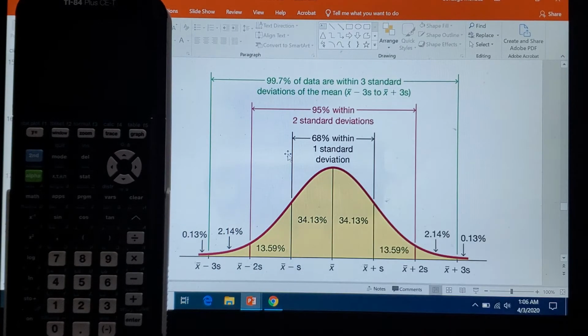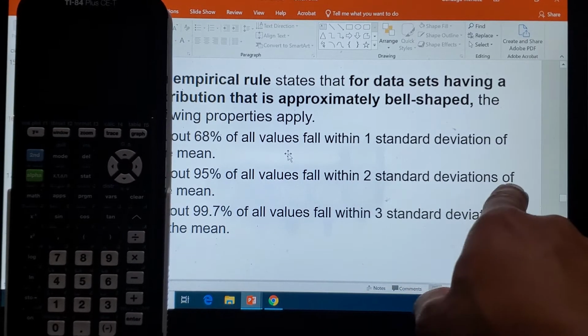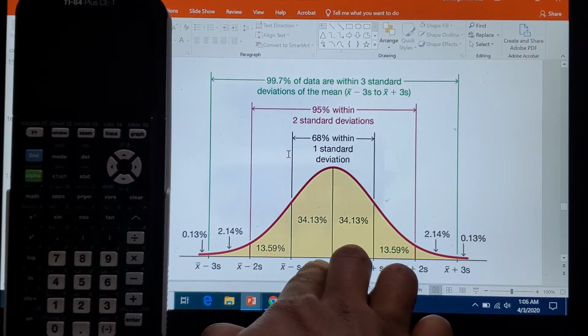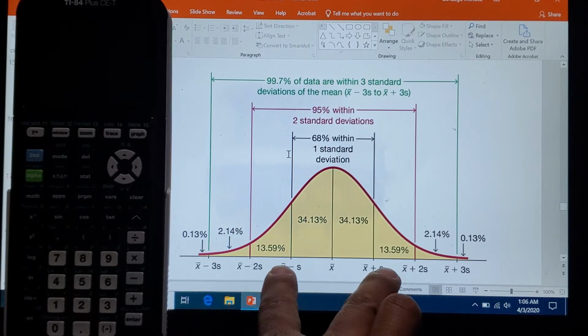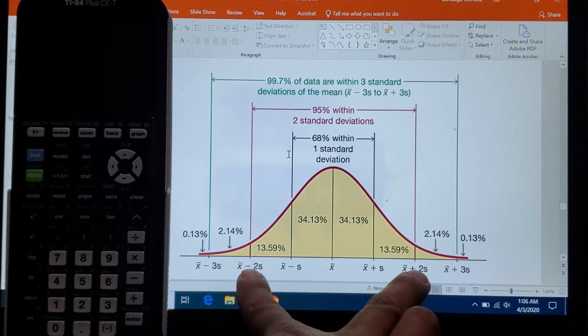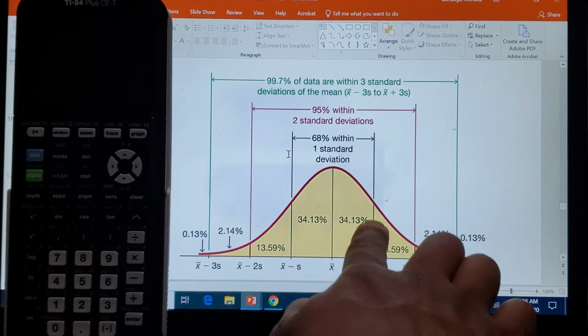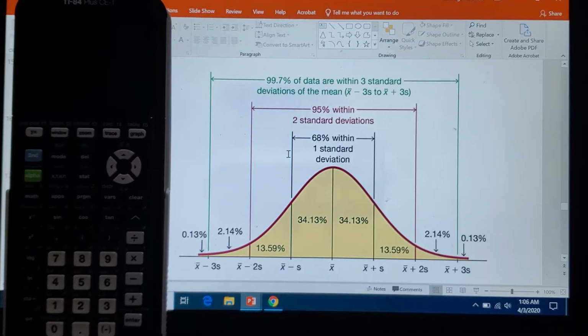So if we say about 95% of our data values fall within 2 standard deviations of the mean, again it doesn't say above or below, so you assume it's both. So we go 1 standard deviation, 2 standard deviations, and within 2 standard deviations, all this in here represents 95% of your data values.